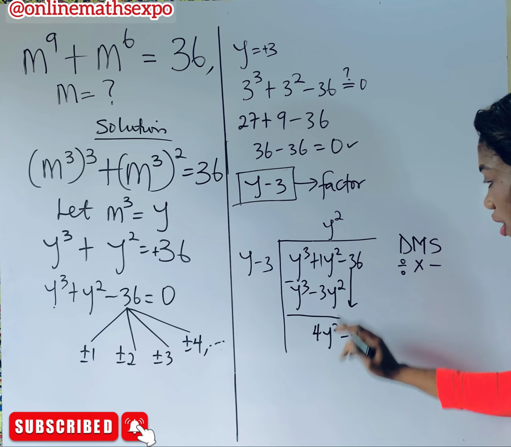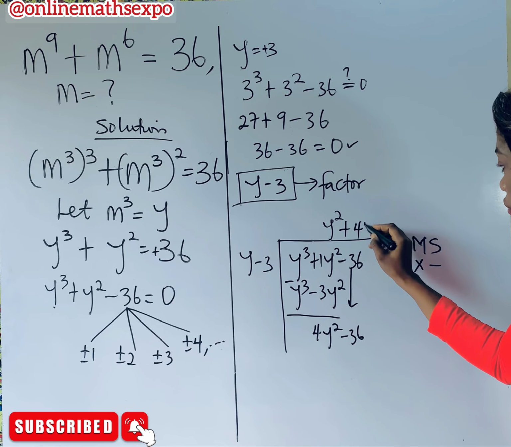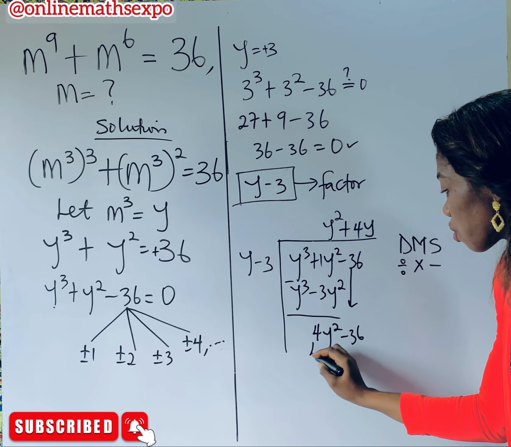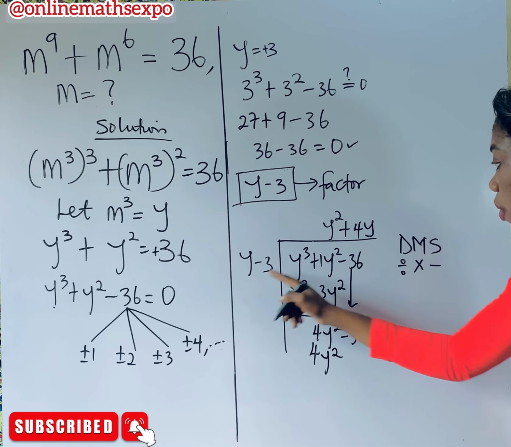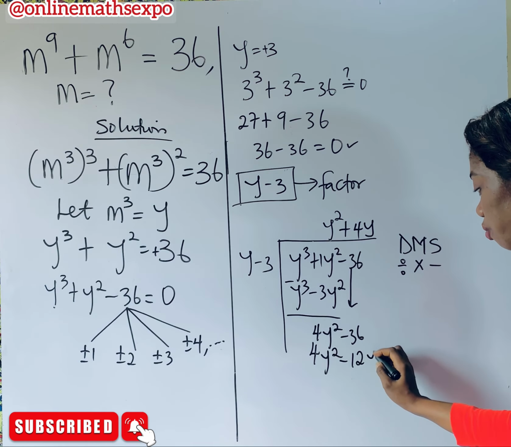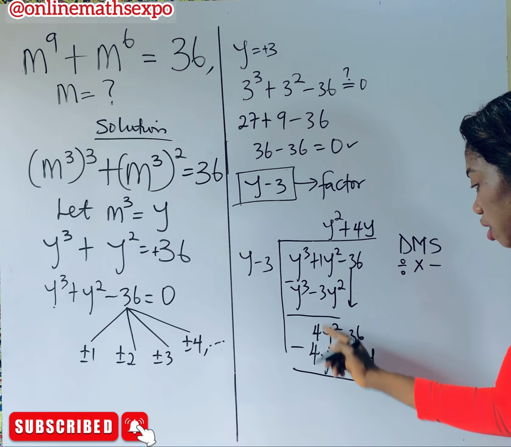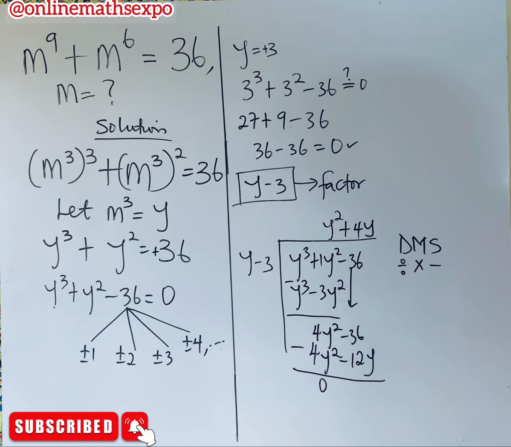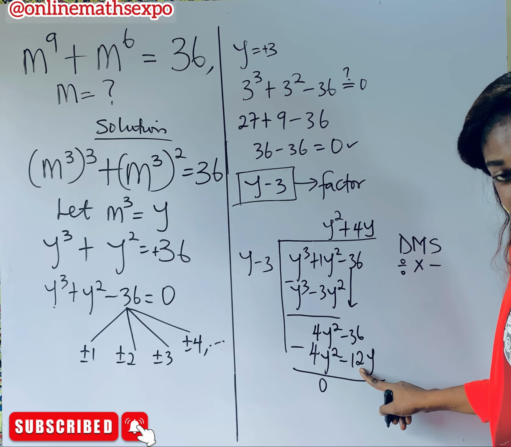Use y to divide this to give you 4y. Multiply this, it gives you 4y squared. Multiply this, it gives you negative 12y. Then you subtract. This is 0. Now, when you look at this, you see this is 36 and this is 12y. They are not the same terms.